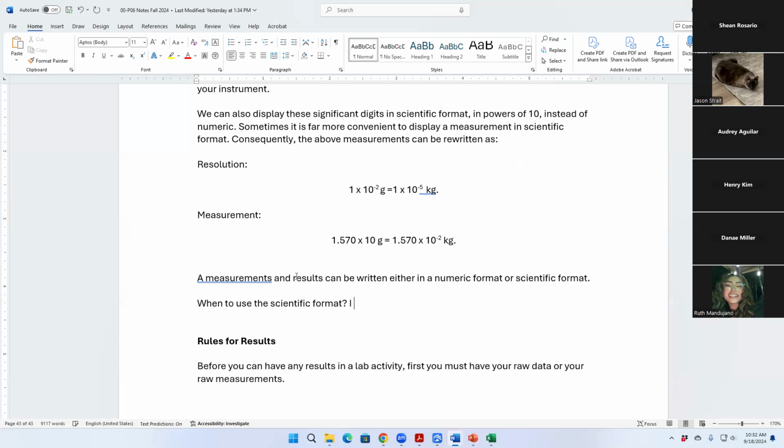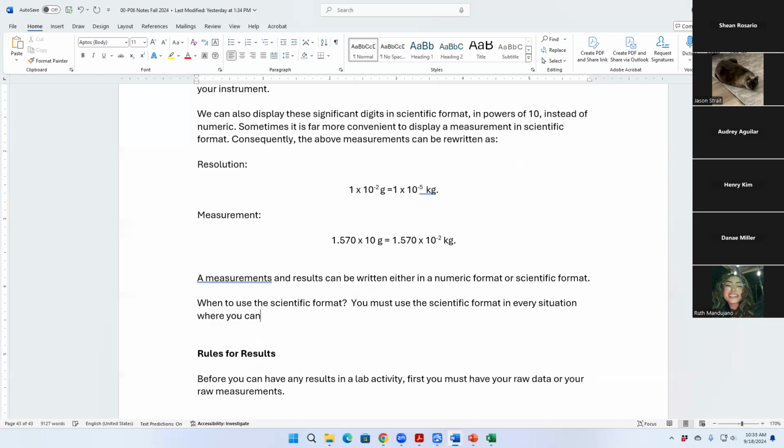I suggest, okay, you must use the scientific format in every situation where you cannot display... two situations where you use scientific format, two situations.